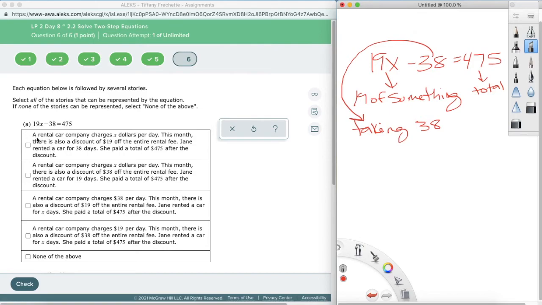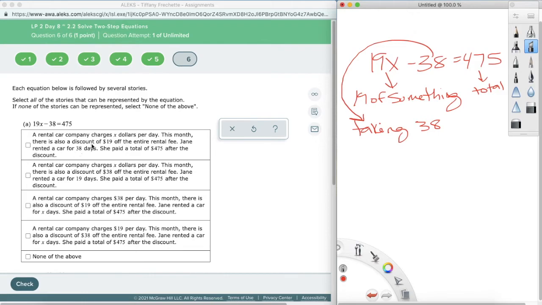A rental car company charges X dollars per day. This month, there is also a discount of $19 off the entire rental fee. Okay, so let's think about that. If I multiplied 19 by the number of days, or the X, the charge per day, then that might work. But that's not what they're saying here.